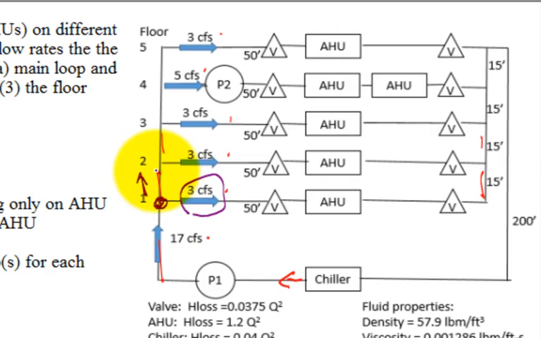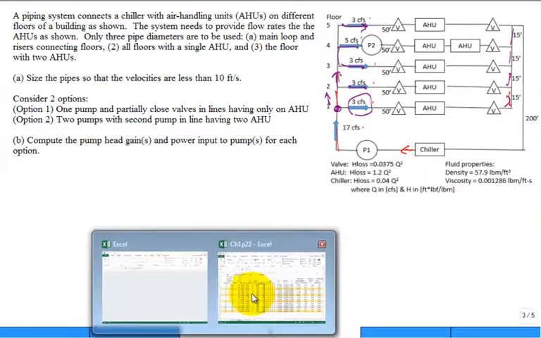And if I take off 3, then I take off 5. That only leaves 3 left of the 17. And then do the math back here. So I figured out all the flows a priori outside of Excel. Just coded them in. Let's go back to the Excel code.